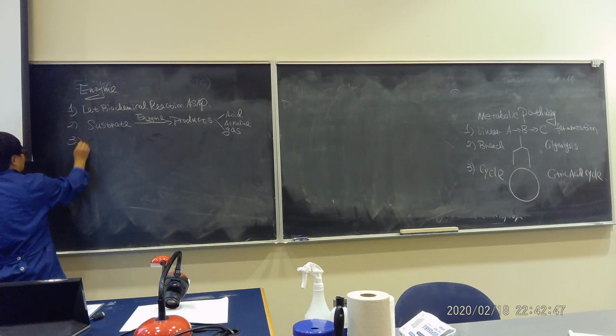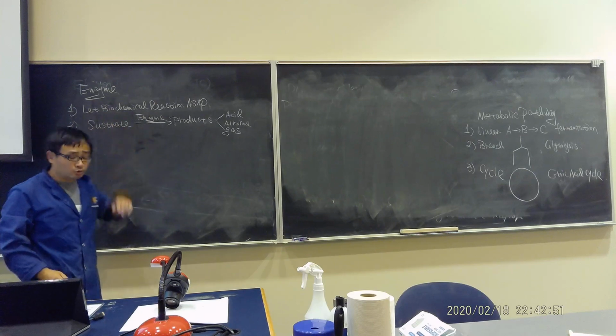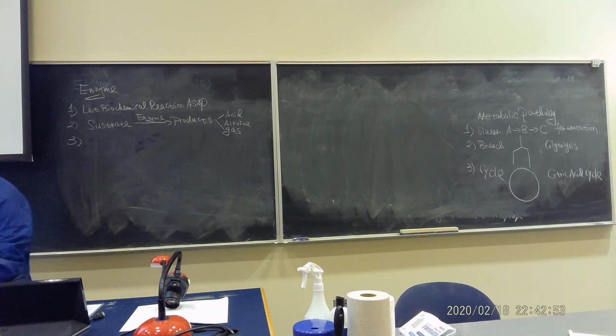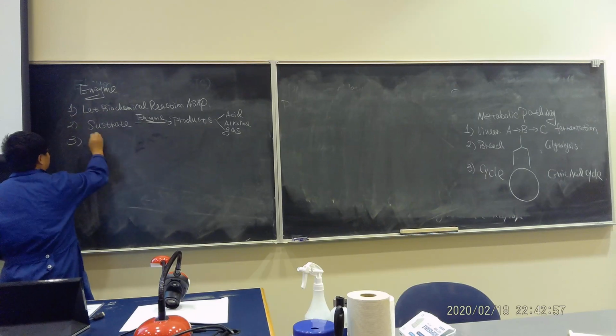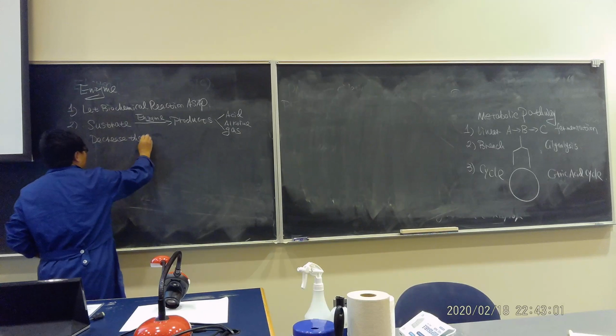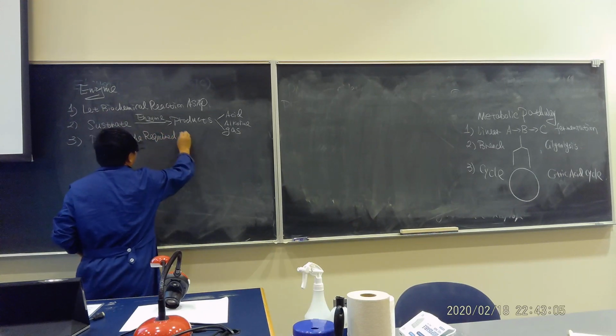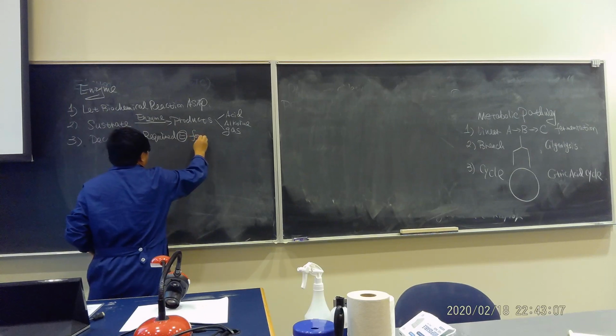Now, why will an enzyme let a biochemical reaction happen as soon as possible? Because it decreases the required energy for the reaction.